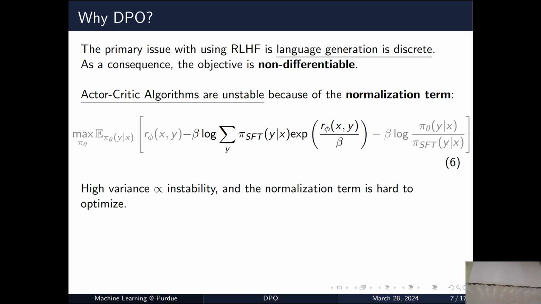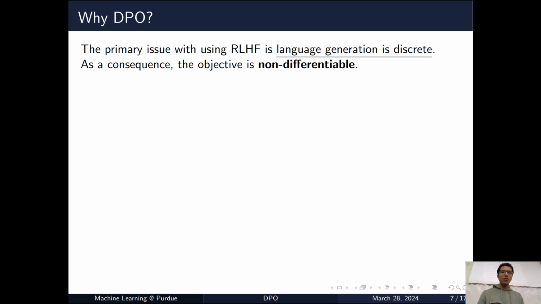And sampling from the reward model is a discrete process that makes the objective non-differentiable, and that's why we cannot just directly optimize it. We need to use reinforcement learning or PPO in order to optimize the fine-tuned language model using reinforcement learning. Yes. What do you mean by language generation is discrete?